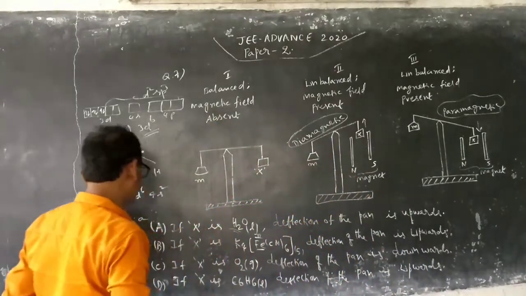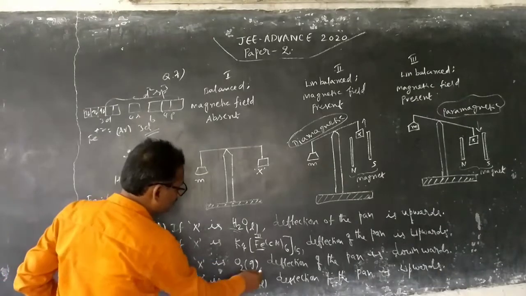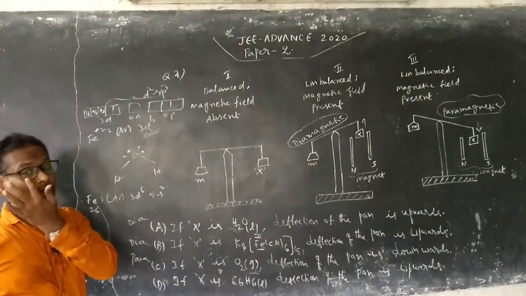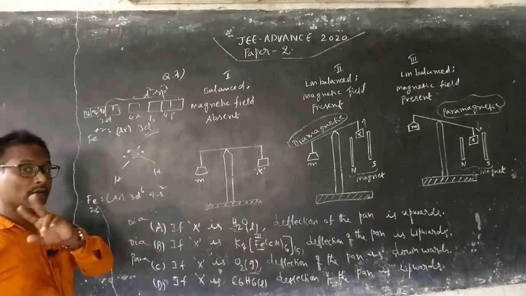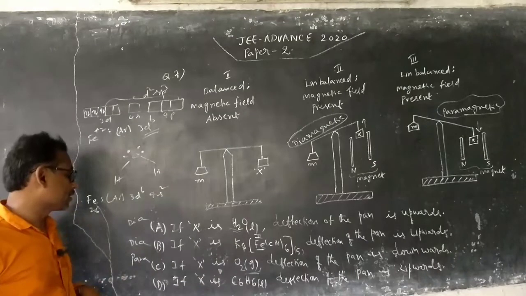So oxygen is paramagnetic, which we conclude based on MO theory.